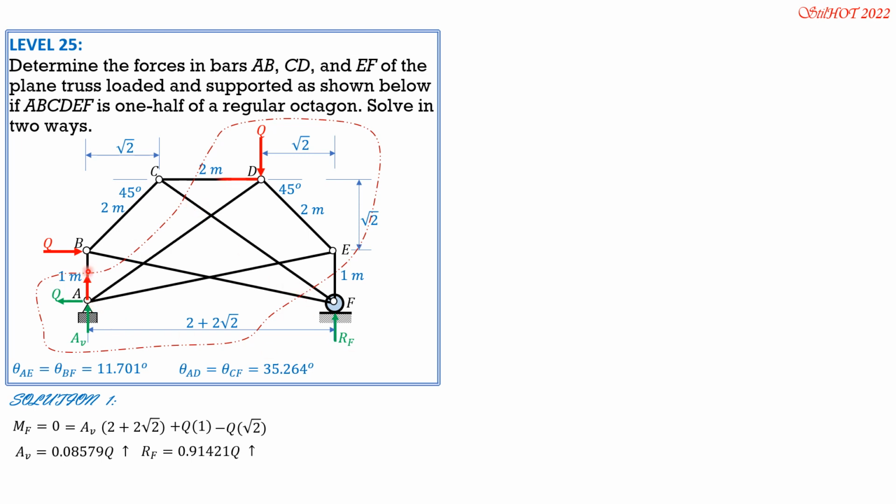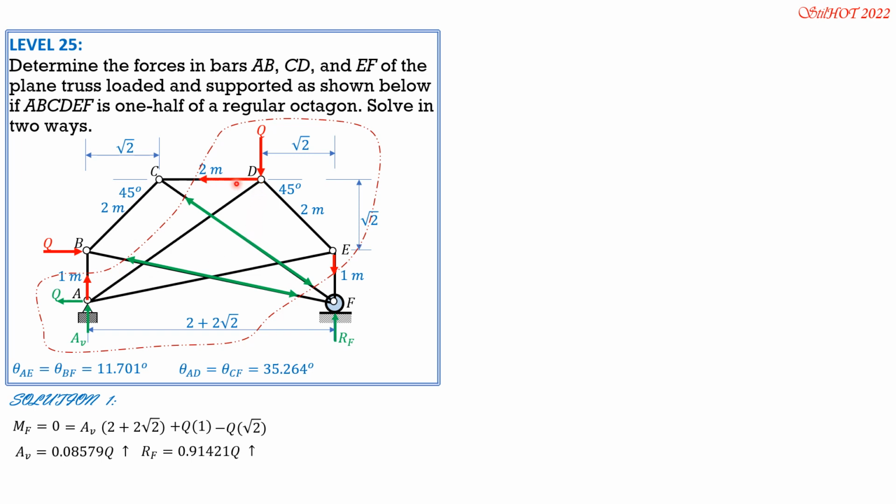So FAB, FCD, and FEF are involved, the red ones. Then I'll show you that for these members that are cut twice, the green arrows are opposite, so don't mind them. So we consider again the forces, especially the red ones, and this AV and Q involved in the moment equation, so that we can solve FAB right away.